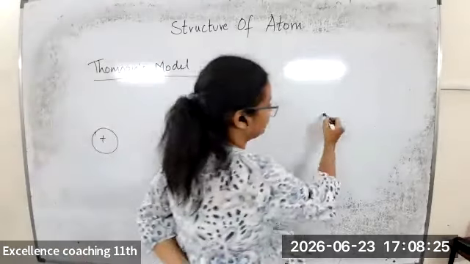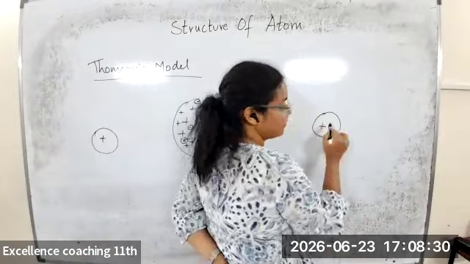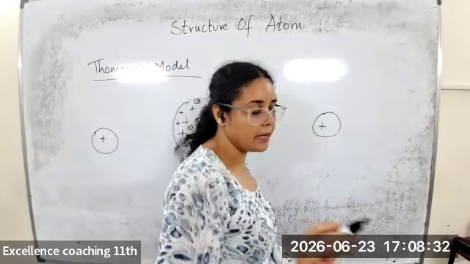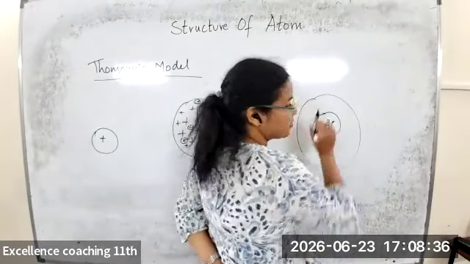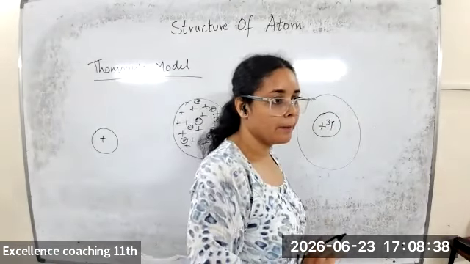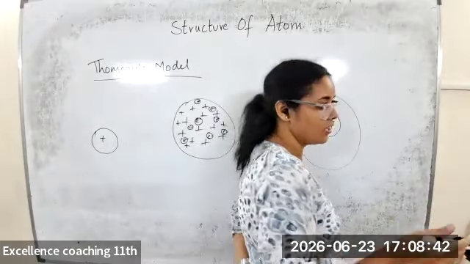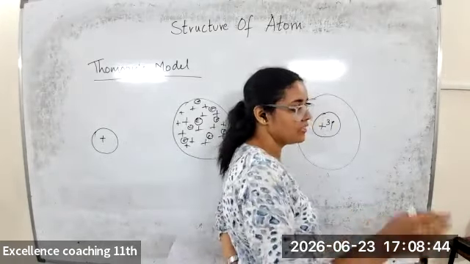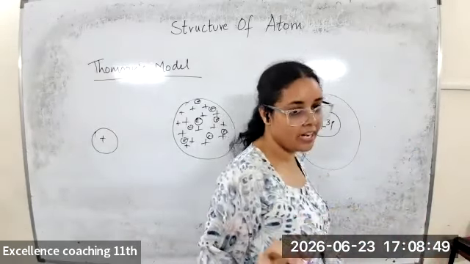For example, the nucleus contains positively charged protons. Suppose I have three protons, how many electrons should I have? Three. If you have studied the chapter, you will know that the number of protons should be equal to the number of electrons.